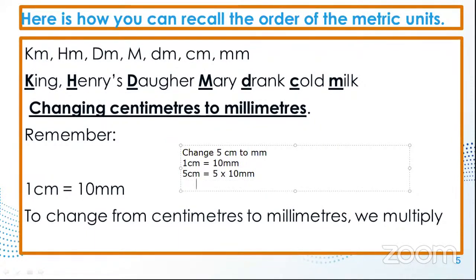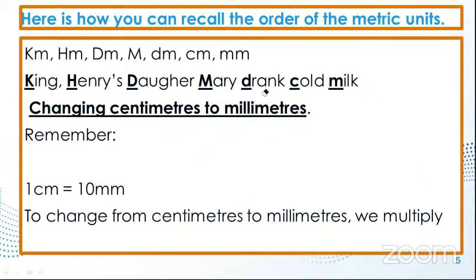So you multiply 5 times 10 millimeters. Then there you will be able to get how many? We shall be able to get 50 millimeters. So this is how we are going to be changing. When you are changing from anything on the left to the one on the right, for example, we are going to be dealing with centimeter and millimeter first before we deal with any other unit.